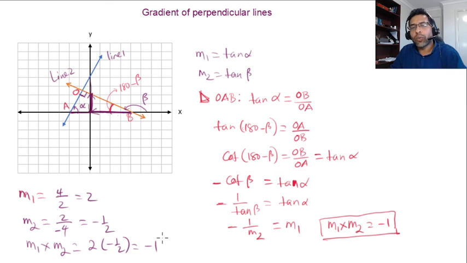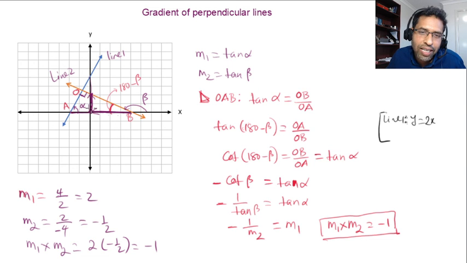And if I ask you now for the equation of line 1 and line 2, you can say straight away, because for line 1 we know the gradient, and if I write it in gradient-intercept form, line 1 will be y equals 2x, so 2 is the gradient. And what is the y-intercept?